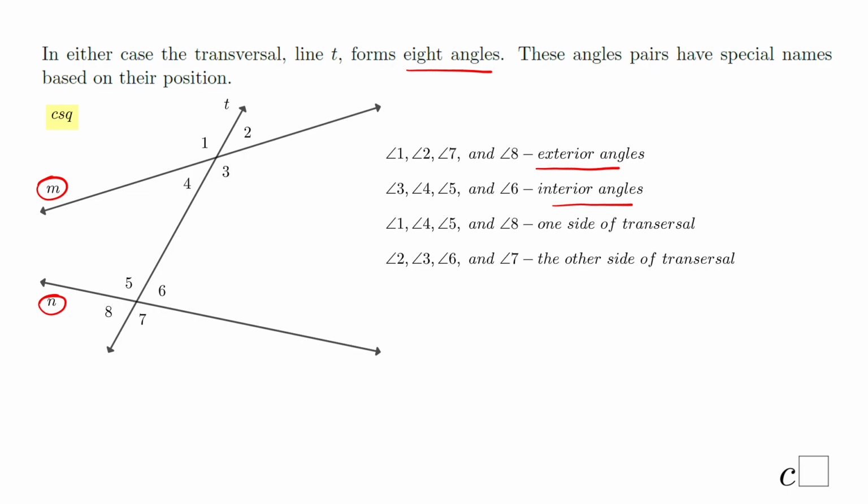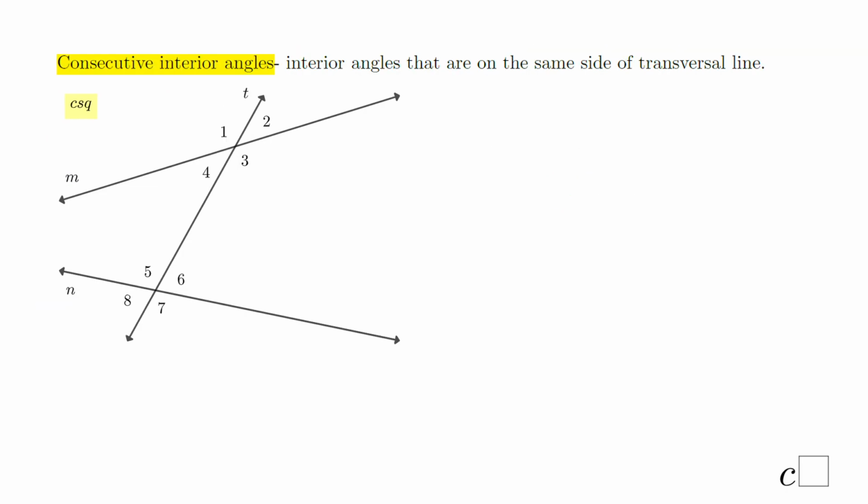So saying this, we can go and define some angles, and the first one you see here we call consecutive angles. The definition of consecutive interior angles is that they are interior angles, like 3, 4, 5, 6, that are on the same side of the transversal.